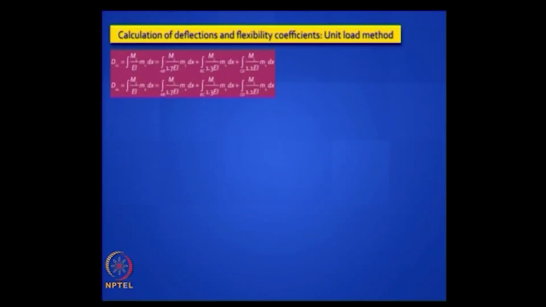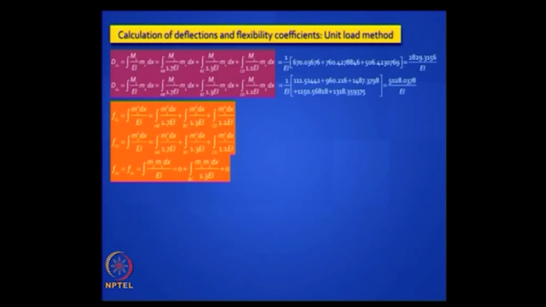For example, if you want D1L and D2L, you need to do that integration and these are the answers. If you work them out, they are solved in the book, you can study it in detail. We have done this last year, so you are familiar, and you can find F11, F21 which is equal to F12 and F22. They are pretty straightforward and you can get these numbers.